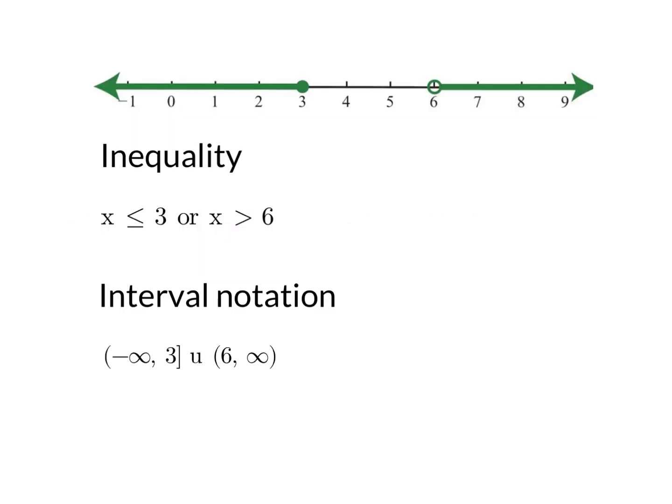So obviously to the left of 3, and it's equal to, x is less than or equal to 3, and greater than 6, it's not equal to, so we just use the greater than sign. When we write it in interval notation, it goes from negative infinity up to and including 3, so the square bracket next to the 3, and union representing it also includes from 6 to infinity.